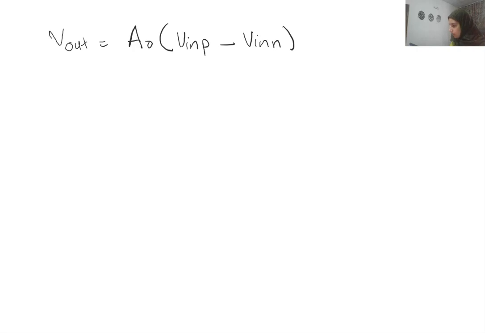In order to think of it in a different way, Vn positive minus Vn negative equals Vout divided by A0. And we said that A0 is a very, very large value.